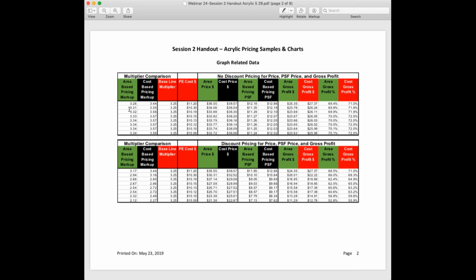So here we're dealing with this, which calculates the, you'll hear me refer to the effective markup, whether it's cost-based or area-based pricing.